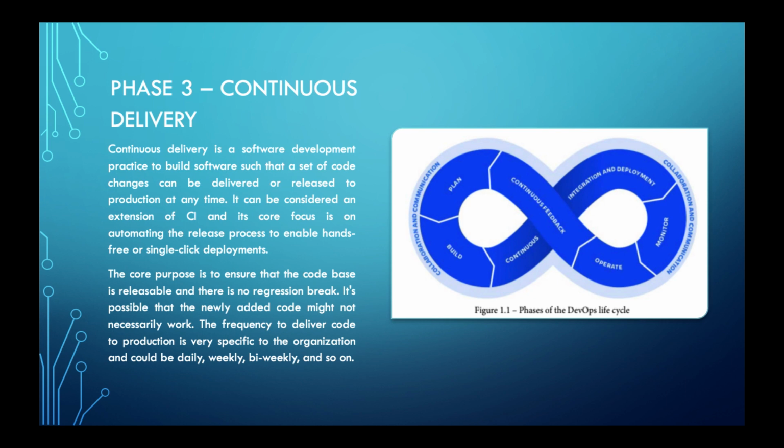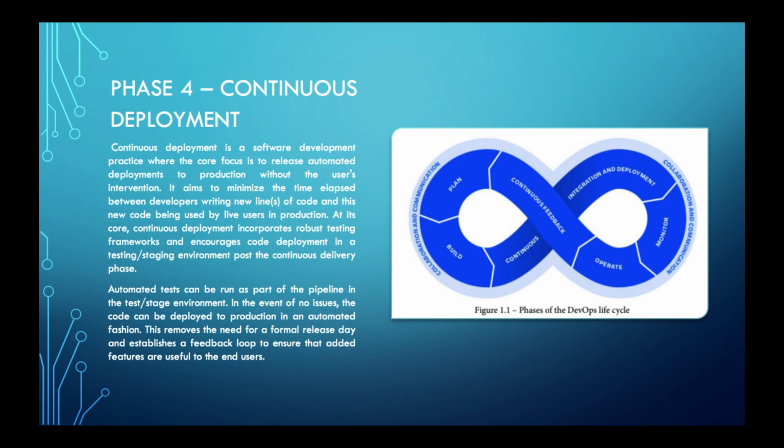The core purpose is to ensure that the code base is releasable and there is no regression break. It's possible that the newly added code might not necessarily work. The frequency to deliver code to production is very specific to the organization and could be daily, weekly, bi-weekly, and so on.